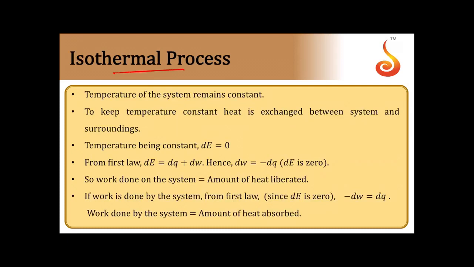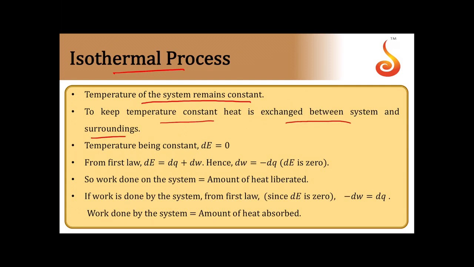Isothermal process. Here the temperature of the system remains constant throughout. If temperature is kept constant, that is said to be an isothermal process. To keep temperature constant, heat is exchanged between system and surroundings.